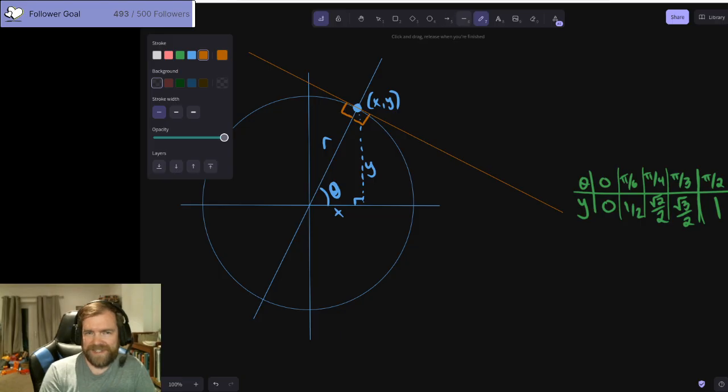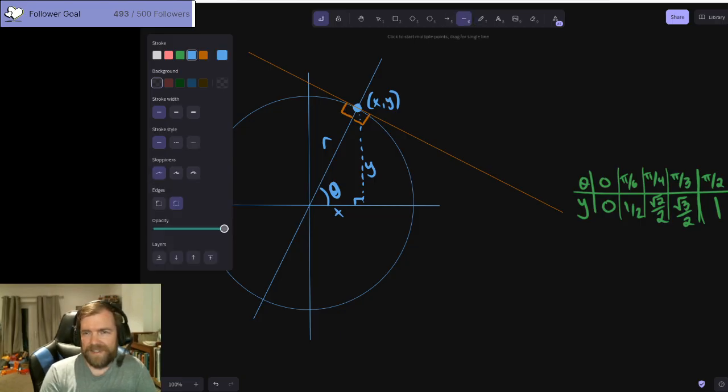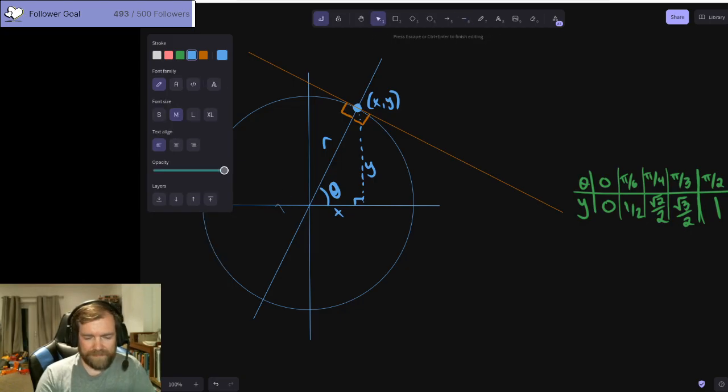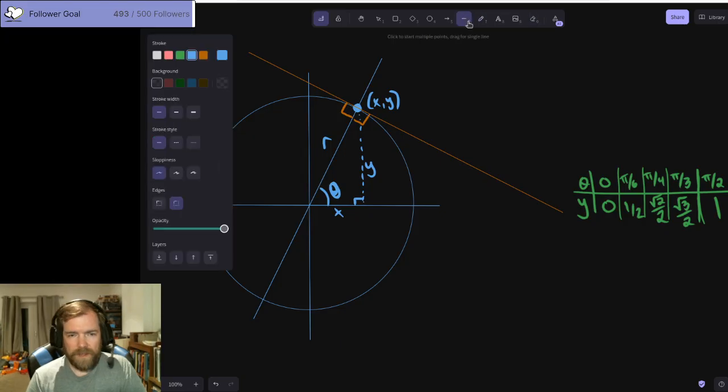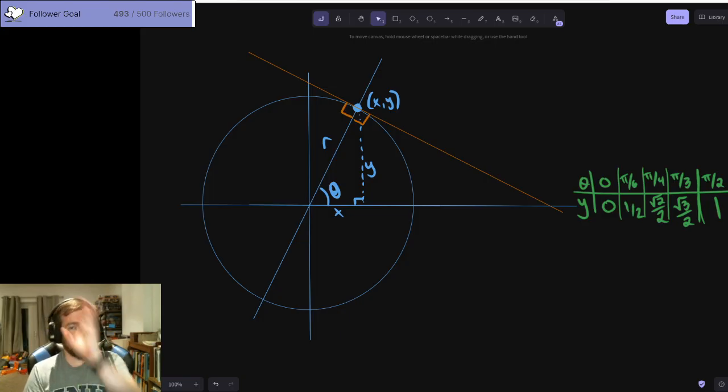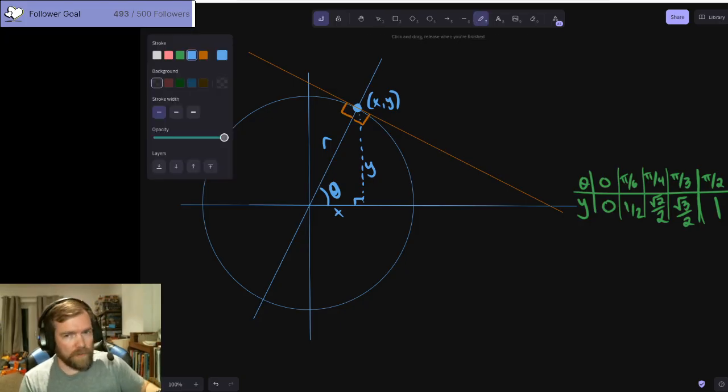Don't worry. Okay, so go like this. Now we'll extend the tangent and the x-axis out as far as we need to go.